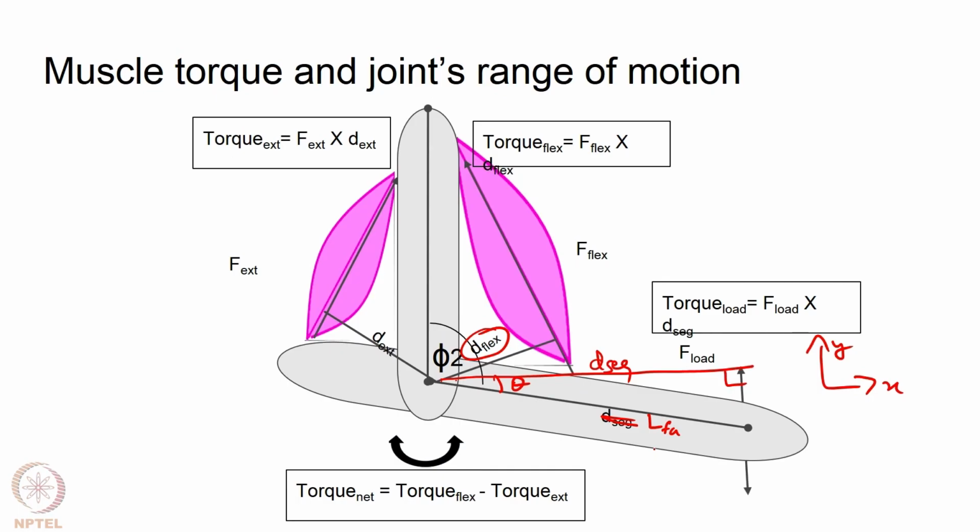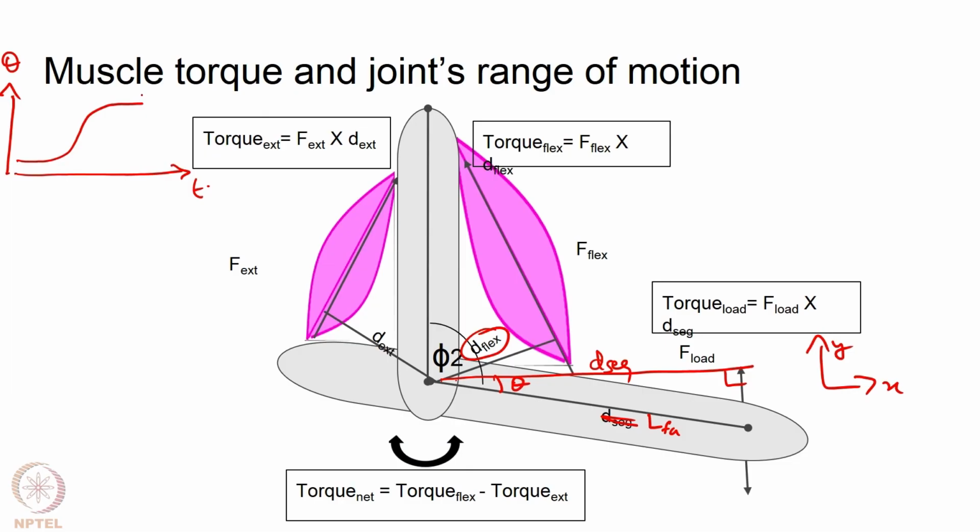Now, let us say that I am interested in producing a trajectory. The x axis here is time, and the y axis is theta. Let us say I am producing a relatively smooth, slow movement, something like that.